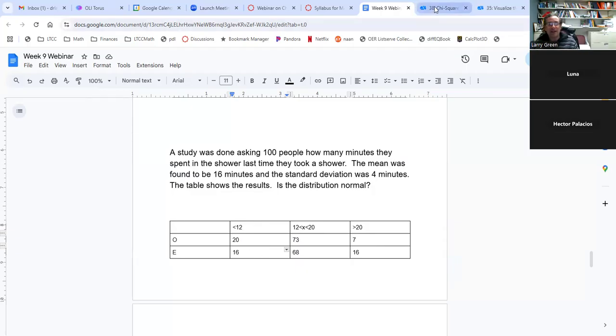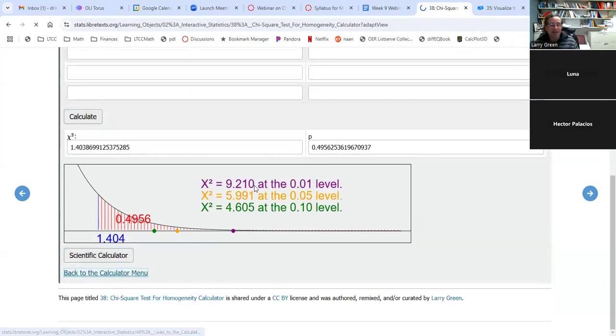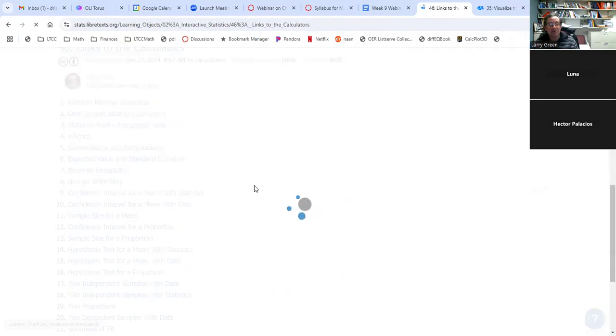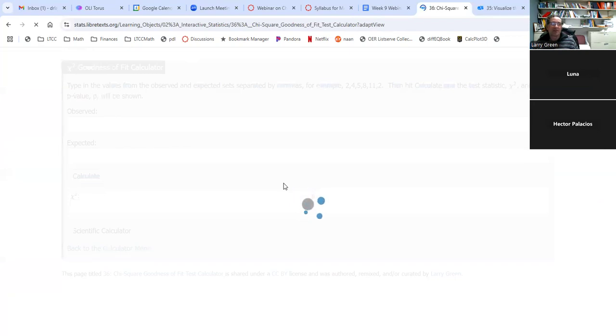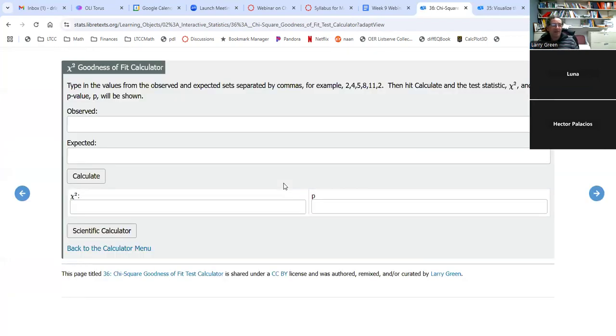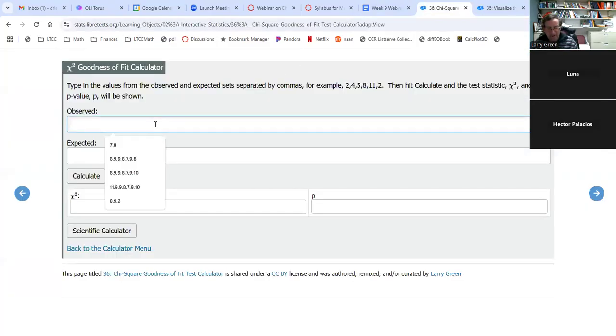Okay, so then I go back to the calculator. Go to the menu, and I go goodness of fit. And I put the observed in. The observed were 20, 73, and 7. Make sure there's commas between them.